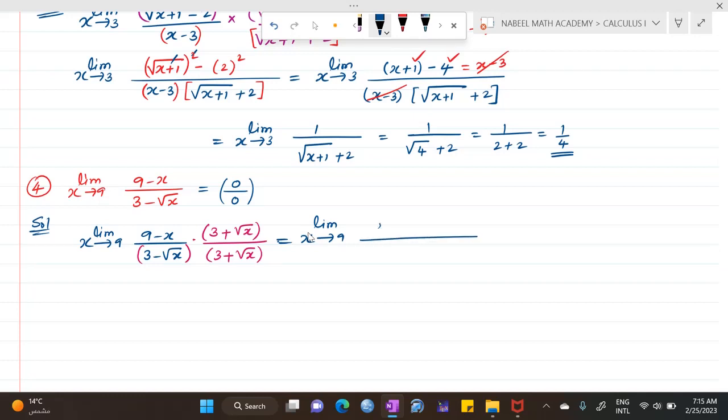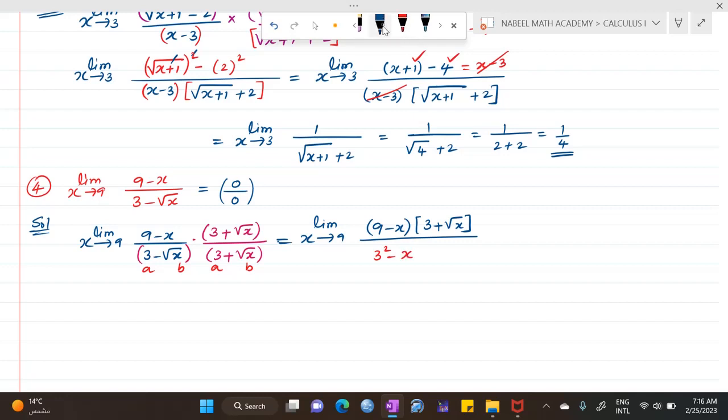In the numerator, no change, 9 − x, and last you have to write it in brackets here, so 3 + √x. Now this is of the same format, (a − b)(a + b), which is equal to a² − b², 3² − b². The square and root get cancelled. You will have the x only term.